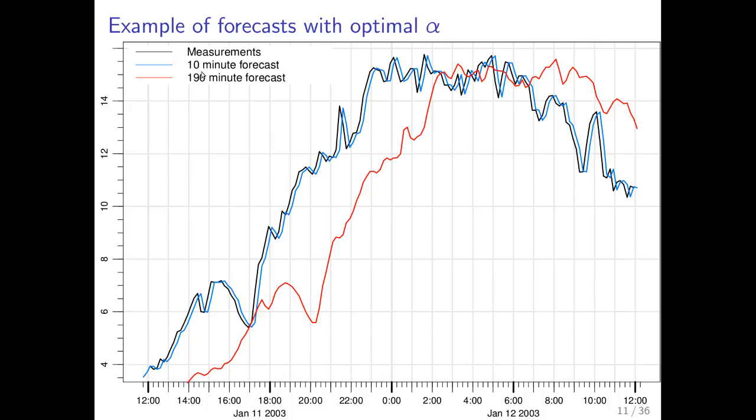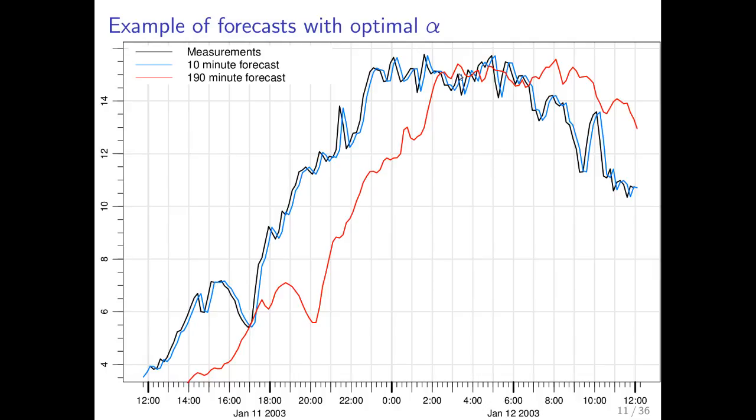Now, if you go to a 190-minute forecast, basically what you observe is that the curve is shifted 19 steps, but you should also pay attention to how it's been smoothed out a little bit. Look, for instance, here, where the curvature is much smoother than in the original data.